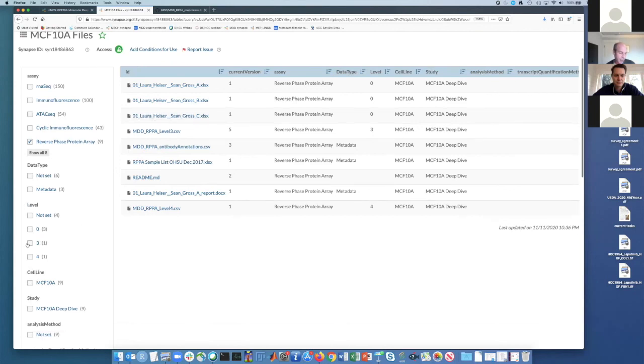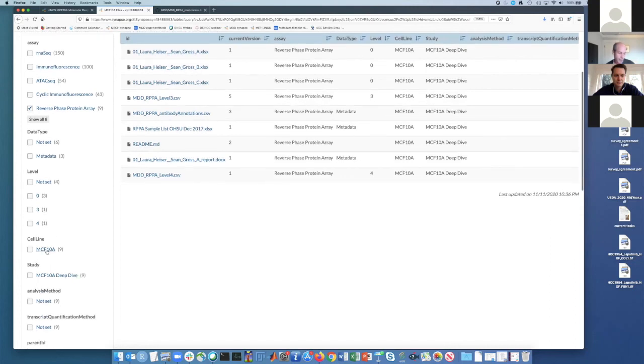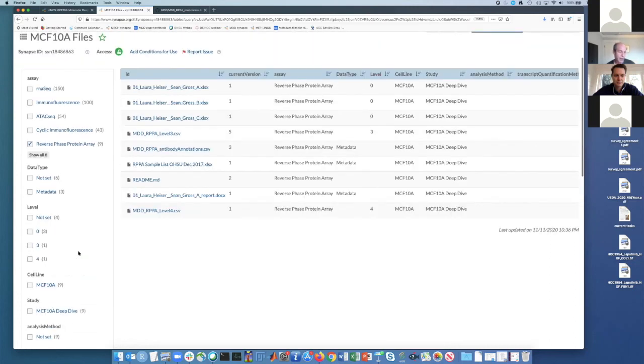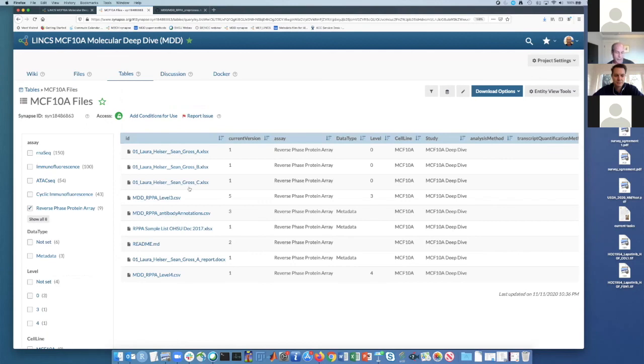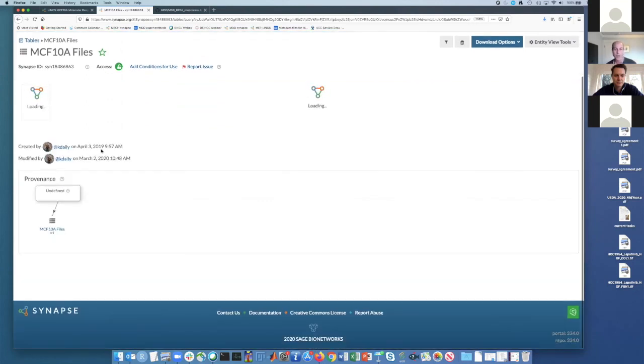If I say I want to see the level 3, this little one here shows me that there's one level 1 file, one level 4 file, and 3 level 3 files. The cell line is MCF10A. So this allows me to filter down the data set to find particular files that I may be interested in.